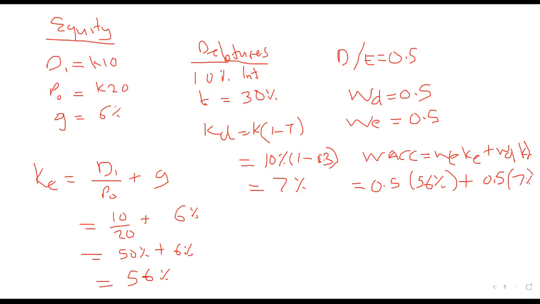So what do we get as our WACC? We get as our WACC 31.5. 28% plus 3.5%, which is 31.5, right?